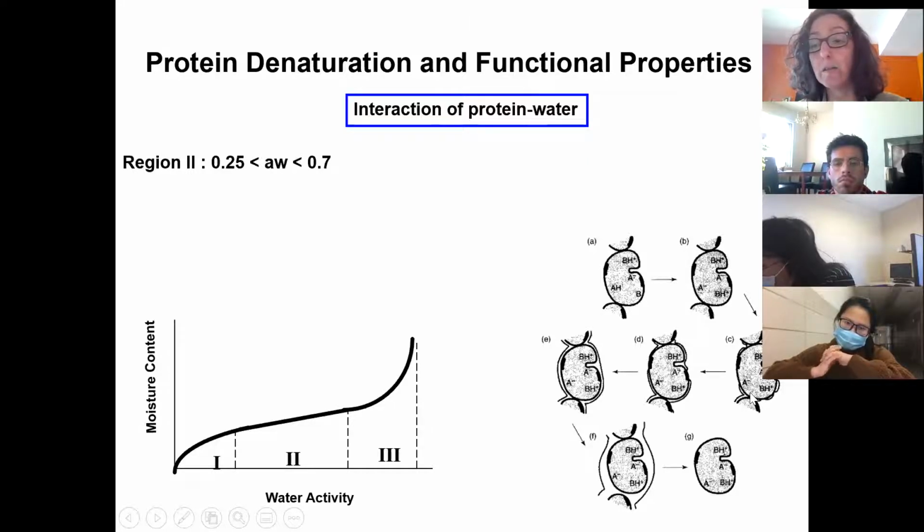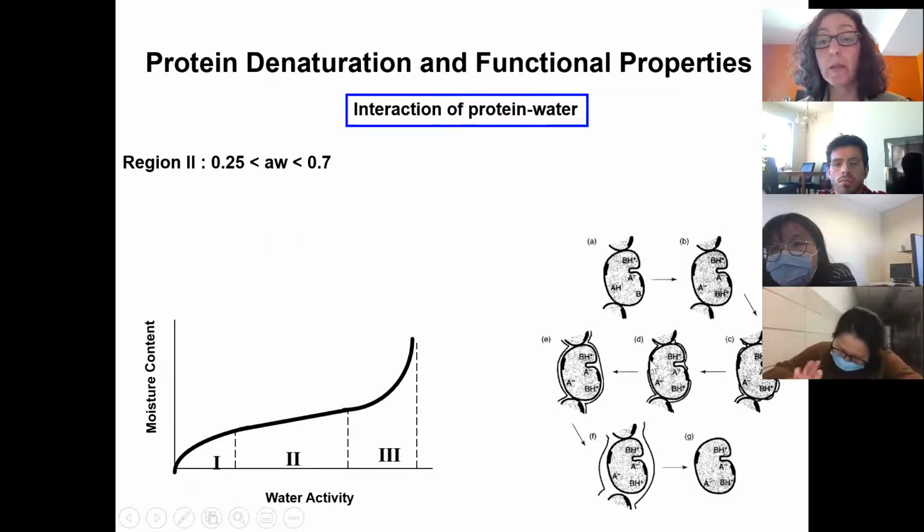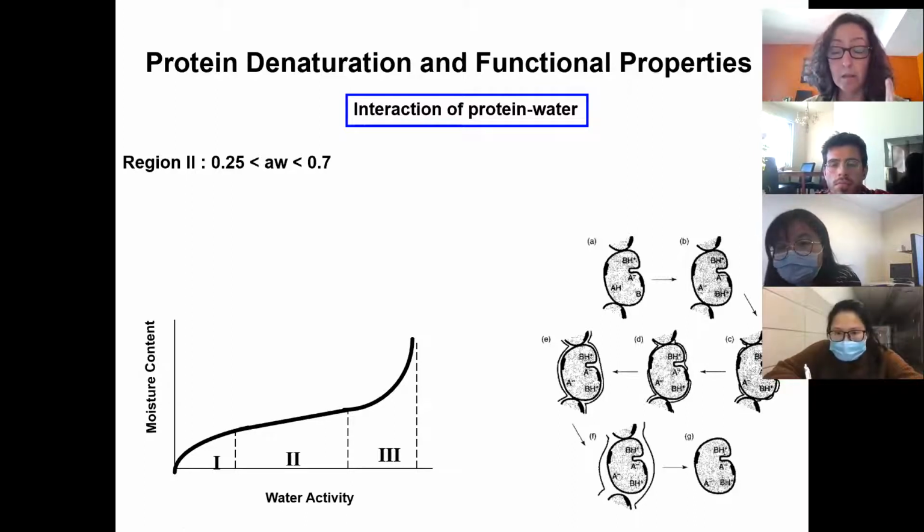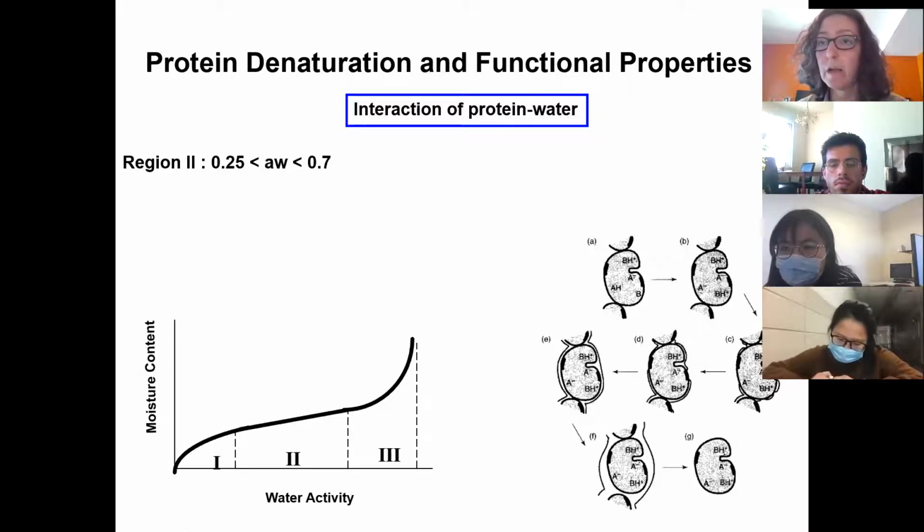The dark spots represent hydrophobic regions on the protein, but eventually water will also bind to hydrophobic groups or will form an ice-like structure around these hydrophobic groups. Slowly and gradually you form the monolayer of water around that protein.